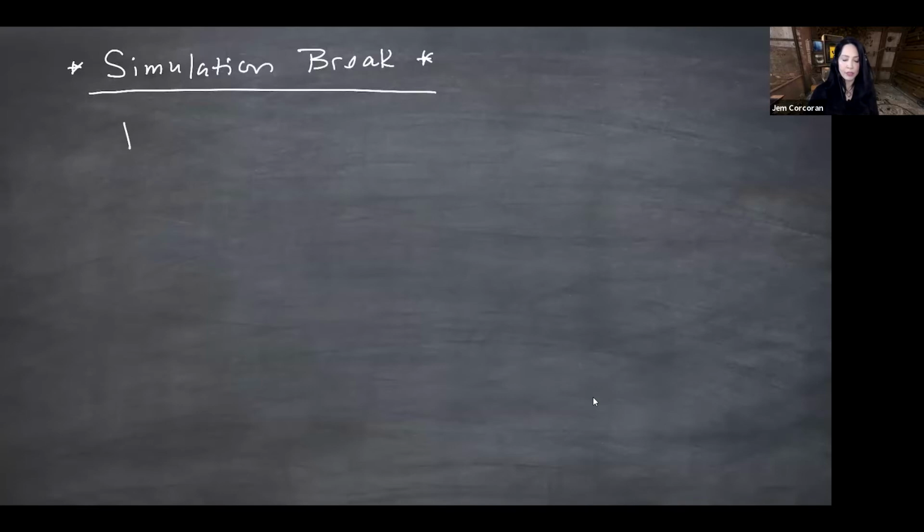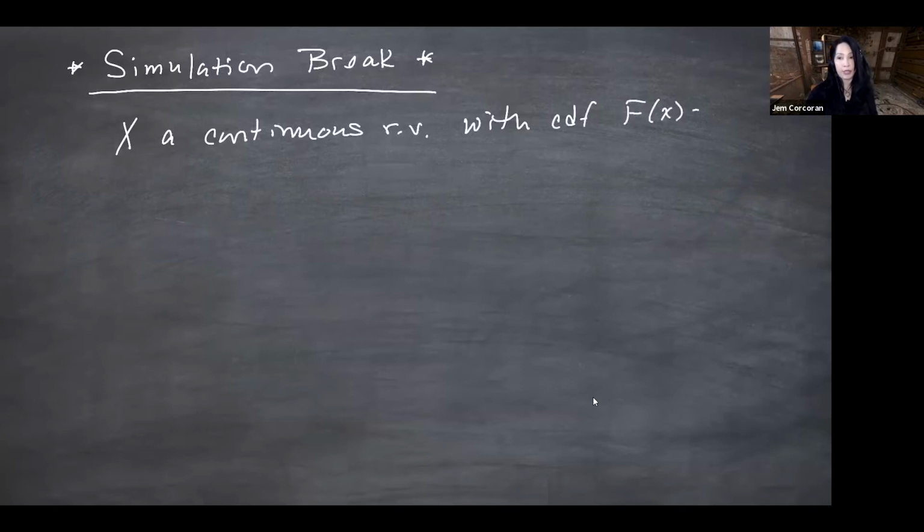So suppose that I have X, a continuous random variable with a CDF, a cumulative distribution function, capital F of x, which represents the cumulative probability that X is less than or equal to x. And further, suppose that this capital F is invertible.